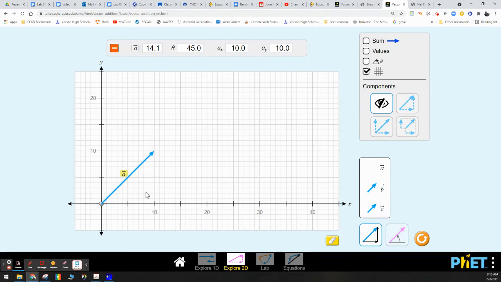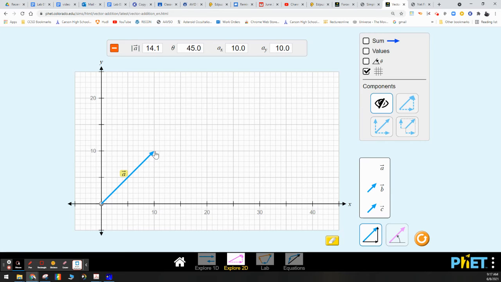What we look at here is an arrow, and it's called vector A. Vector A has magnitude, which means the length of this. These bars look like absolute value, and that means magnitude. The magnitude of vector A is 14.1, so this is 14.1 units.